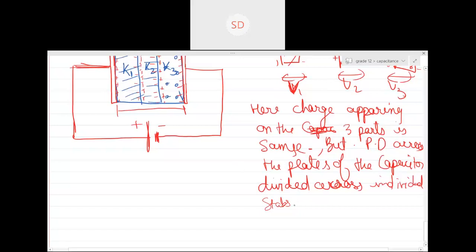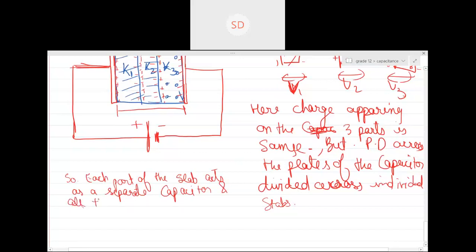It is divided across individual slabs, right? Right now, all three of them are in series combination.